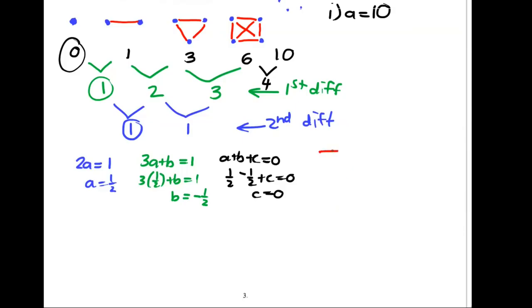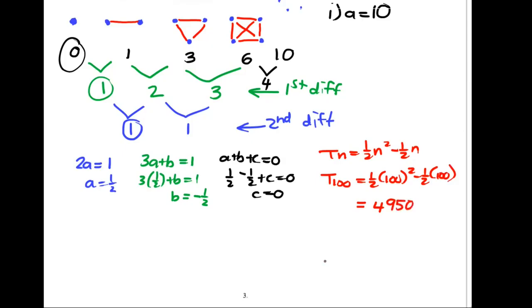In other words, Tn is a half n squared minus a half n. And so in order to work out T100, in other words, when there are 100 people shaking hands, we substitute n as 100. And we get, if there are 100 people in a room and everyone must shake hands with everyone else just once, we will have just under 5,000 handshakes that will take place.